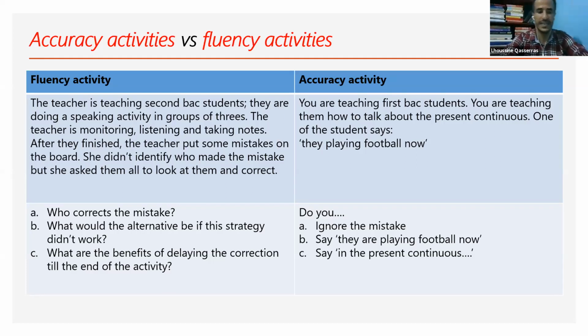Wonderful technique. She didn't identify who made the mistakes. Wow, I like this teacher. She did not identify them to avoid embarrassing learners who made the mistake, but she asked them all to look at them and correct. Wow, she's creating a very positive, friendly learning environment.